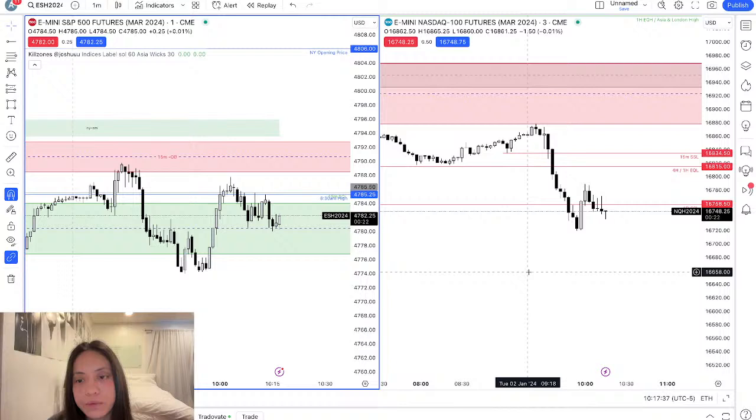The next draw for me, what I see, is I'd be looking for these equal highs to be taken out and for us to retrace back up to this 1 hour bearish fair value gap.